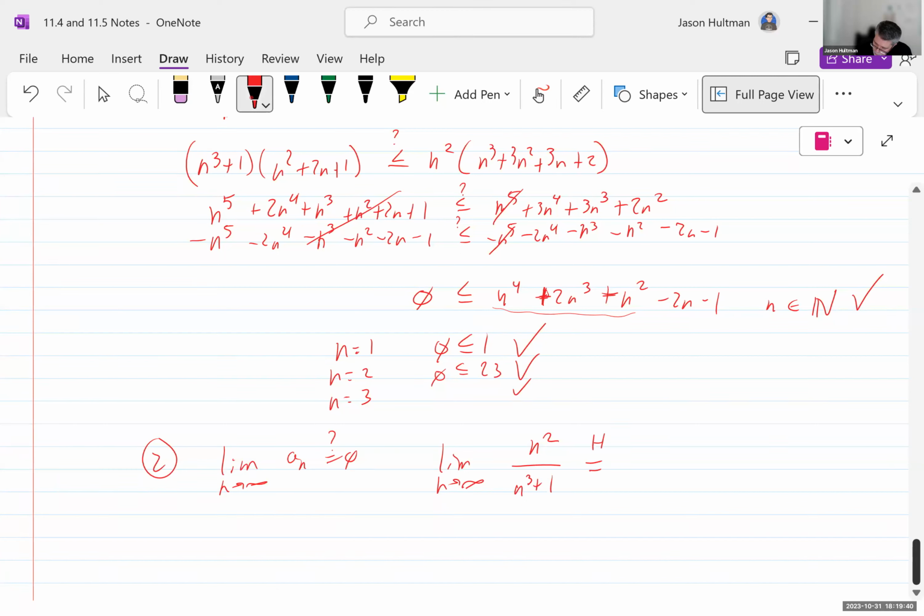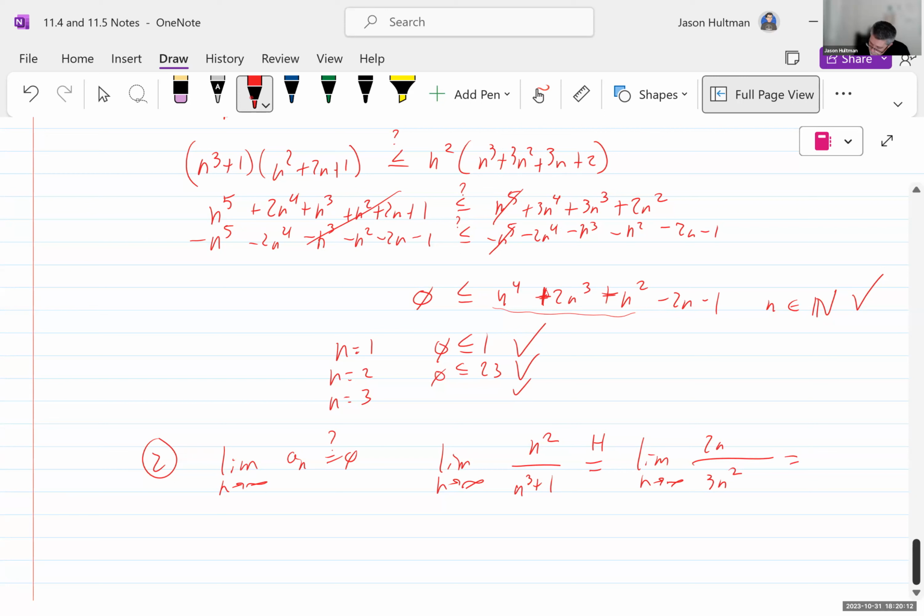Let's use L'Hopital's rule on this. Take the derivative of the top. I get 2n. All over the derivative of the bottom, which is 3n squared. Which is still infinity over infinity, but I could divide by an n if I wanted to.